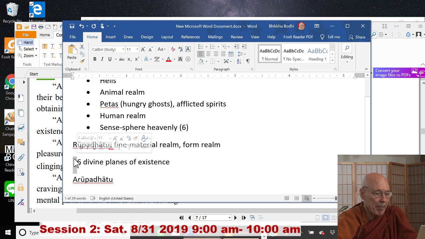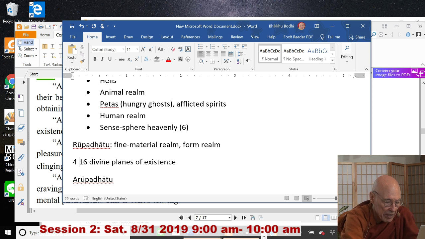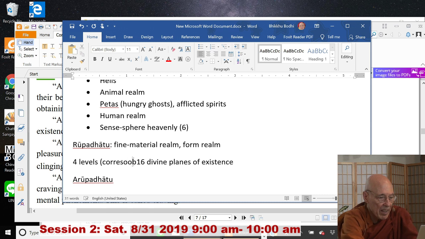So the 16 planes are actually divided into 4 levels, which correspond to the 4 jhanas.